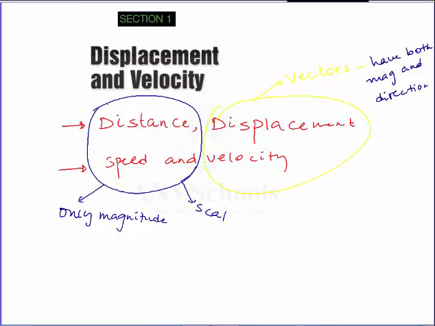These physical quantities are called scalars. Scalars are quantities which have only magnitude but not direction, whereas vectors have both magnitude and direction.